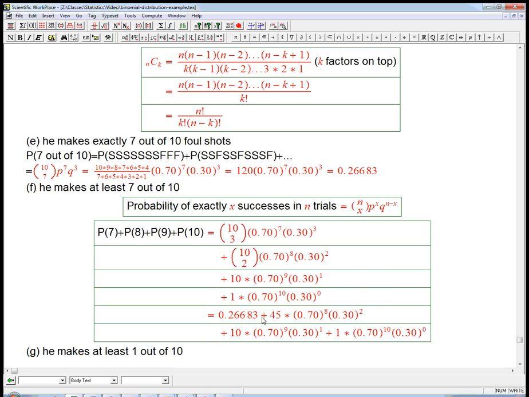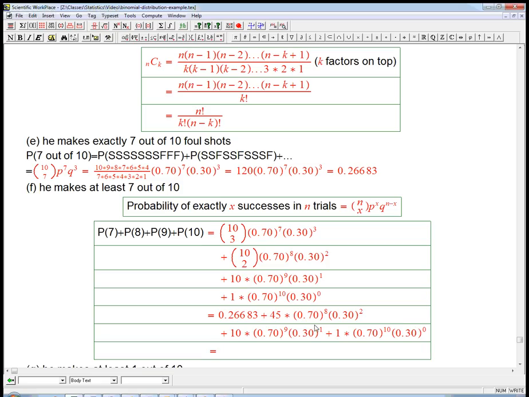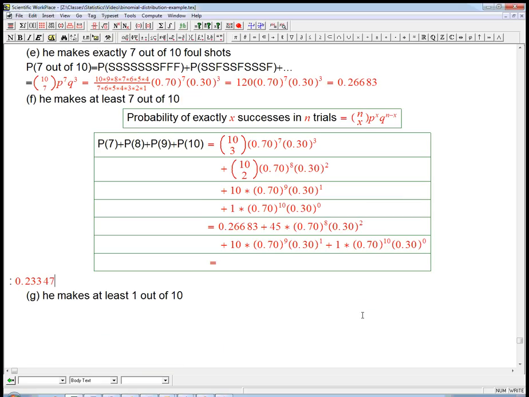Okay, so finally, that is something we can calculate. It's probably not going to put it in the right place, but let's do it anyway. 0.26683 plus 0.23347 plus this guy, 0.12106, plus, I don't need the 1 times now, do I?